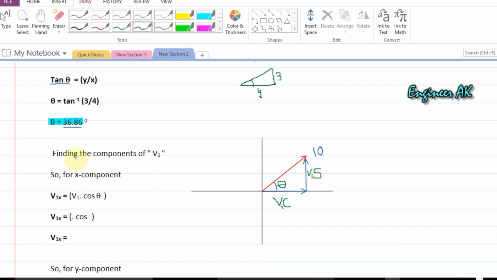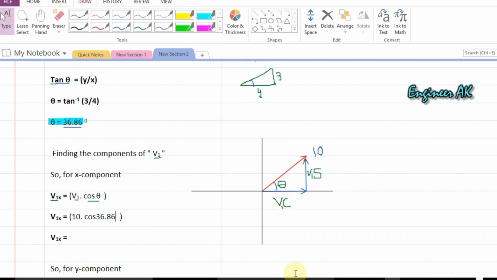So if I find the components of v1, for the x component we have v1x equal to v1 cos theta. If we plug in the values, v1 is 10 and the angle is 36.86.